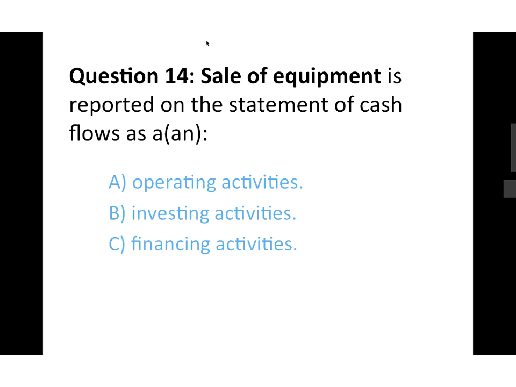So on this question, you're asking where on the balance sheet would equipment be? If it's a current asset or current liabilities, you're going to pick operating. If it's a long-term asset, you pick investing. If it's a long-term liability or stockholders' equity, you would pick financing. I'm going to close this in about 10 seconds.